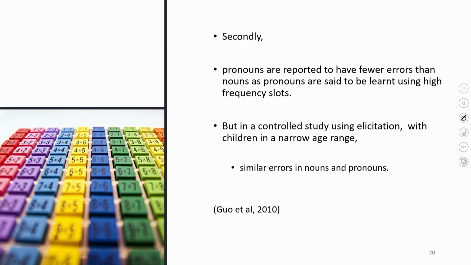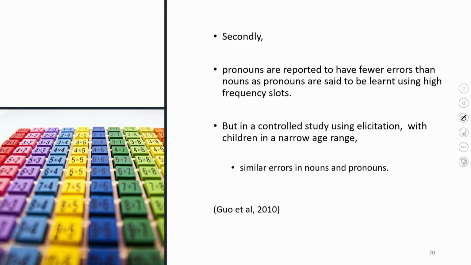Secondly, pronouns are reported to have fewer errors than nouns, as pronouns are said to be learnt using high frequency slots, because pronouns are high frequency. So, I, you, he, they are very high frequency words.